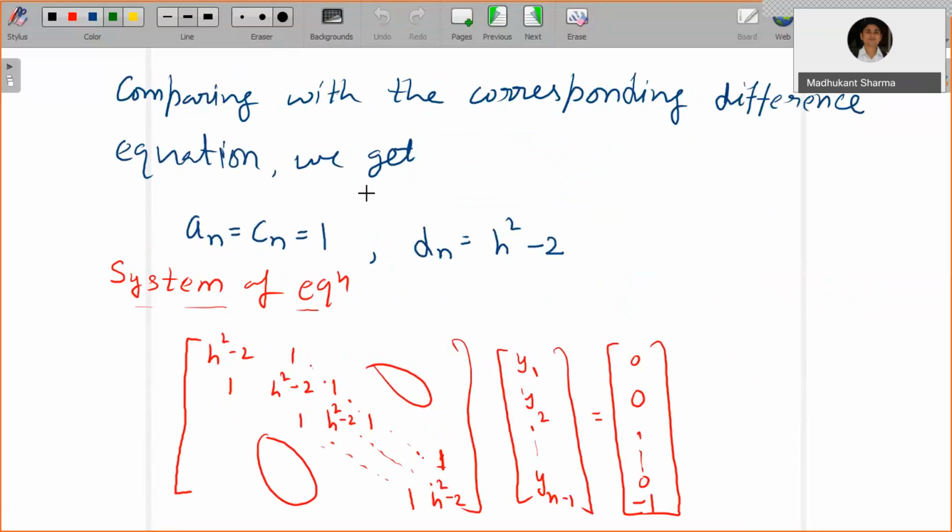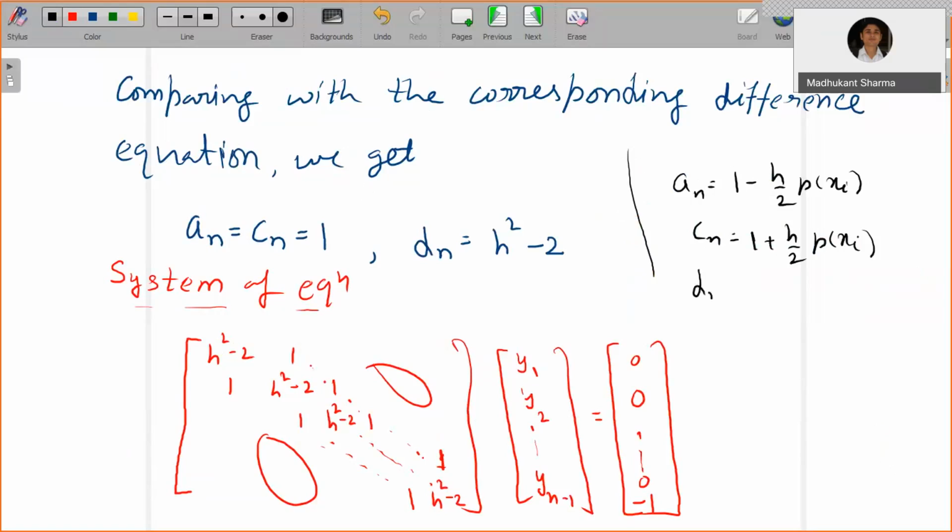If you recall, a_i was 1 minus h by 2 p at x_i, and c_i was 1 plus h by 2 p at x_i. And d_i was minus (2 plus h square q at x_i), if you recall.